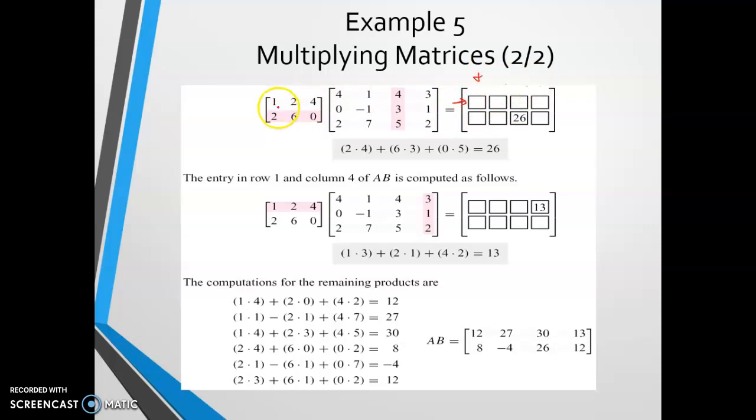So first, R1 is 1, 2, 4, and column 1 we have 4, 0, 2. So you just multiply 1 times 4 plus 2 times 0 plus 4 times 2, like this, 12. This is for A11, or AB11.